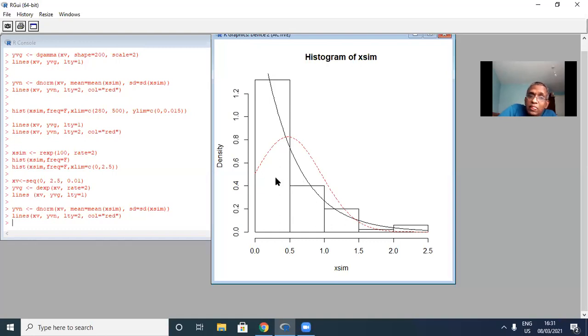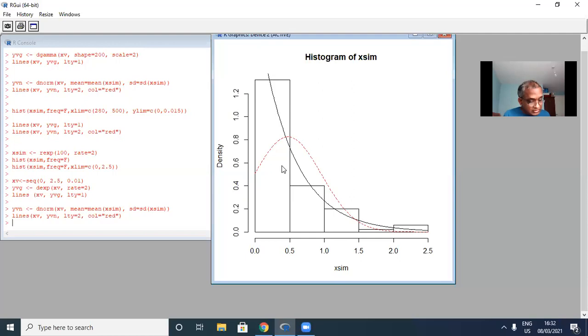And the curve in red is kind of a normal approximation for the histogram, but it's not a good approximation, as you can see. All right, so now let's go to the exercise part; there are 5 exercises.